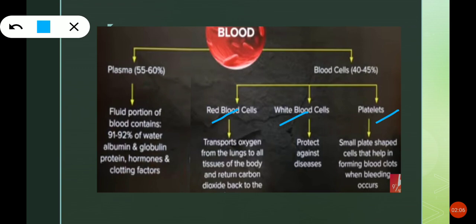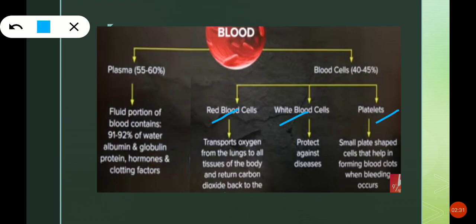So what is the function of red blood cells? Red blood cells carry oxygen to the rest of the body, and hemoglobin is present in the red blood cells. Hemoglobin has an affinity for oxygen, meaning hemoglobin attracts the oxygen.